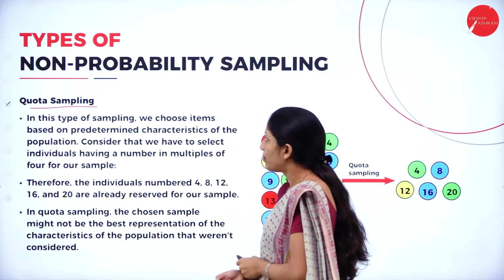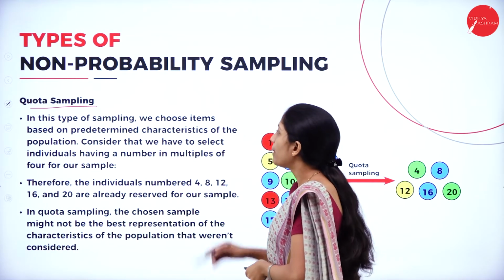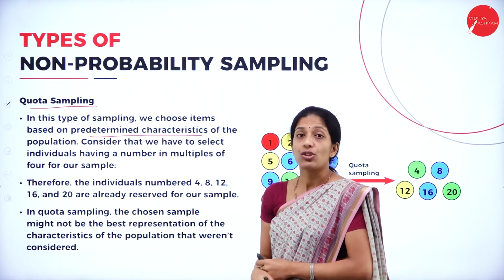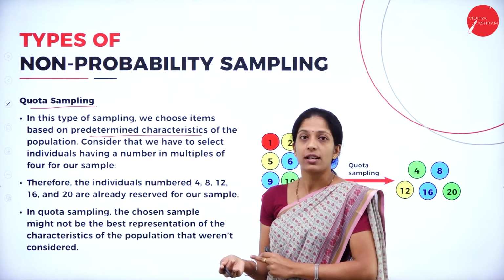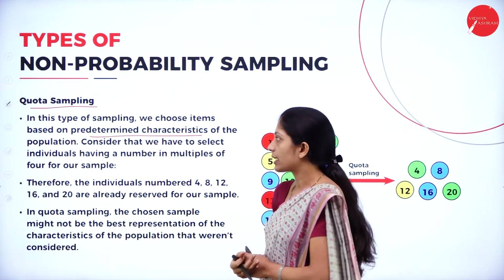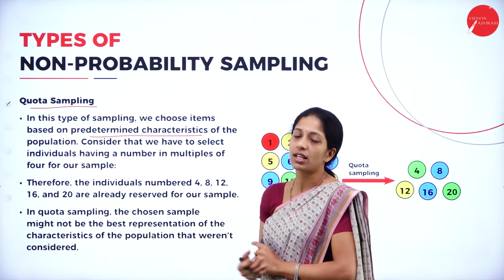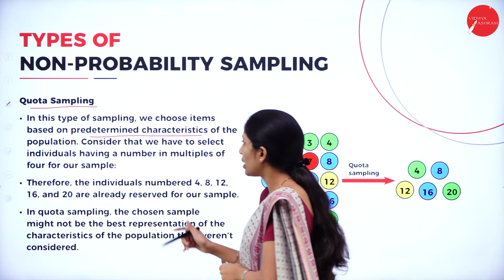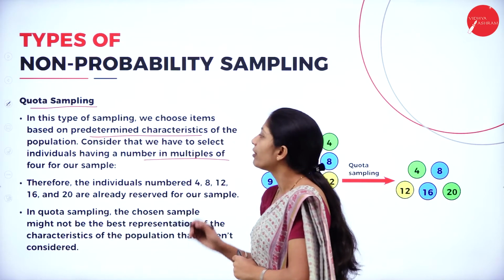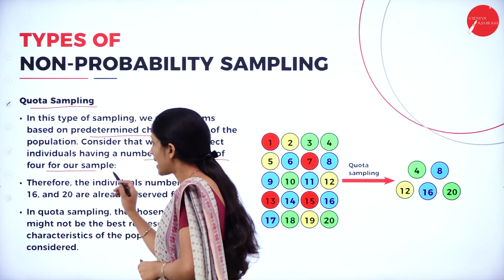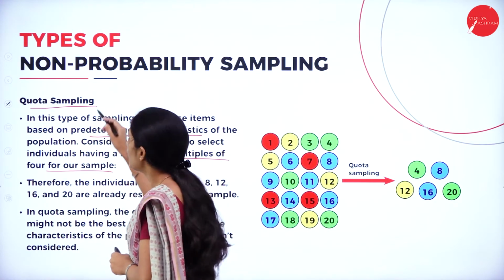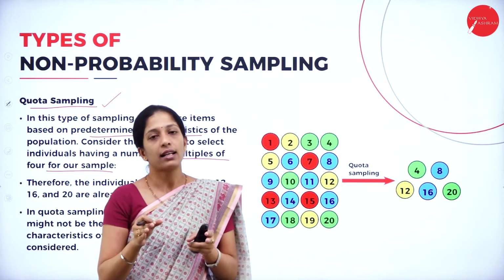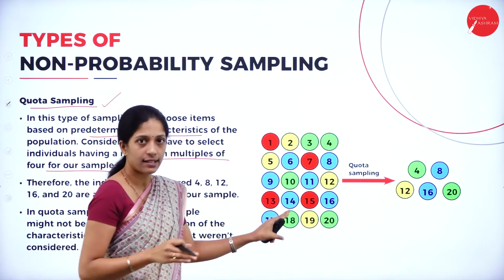In this type of sampling, we choose items based on predetermined characteristics of the population. So here we are going to take into consideration predetermined characteristics. Depending upon the characteristics, we are going to select. Consider that we have to select individuals having the multiples of 4 for our sample. Quota sampling means depending upon predetermined characteristics, we are going to select the sample.